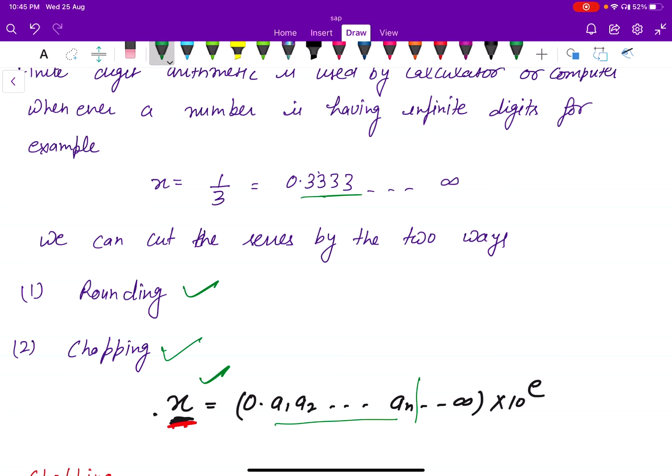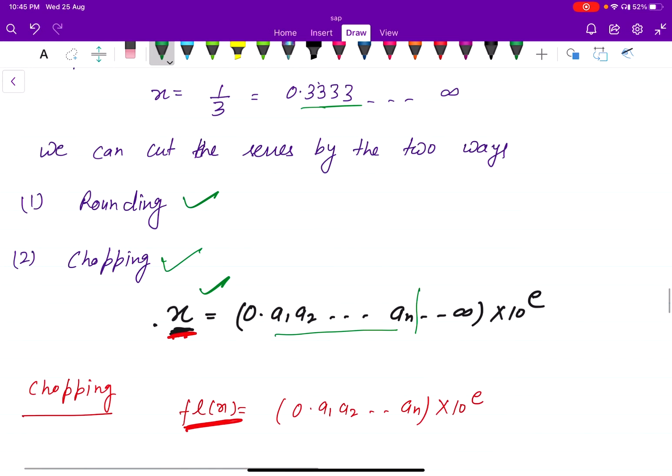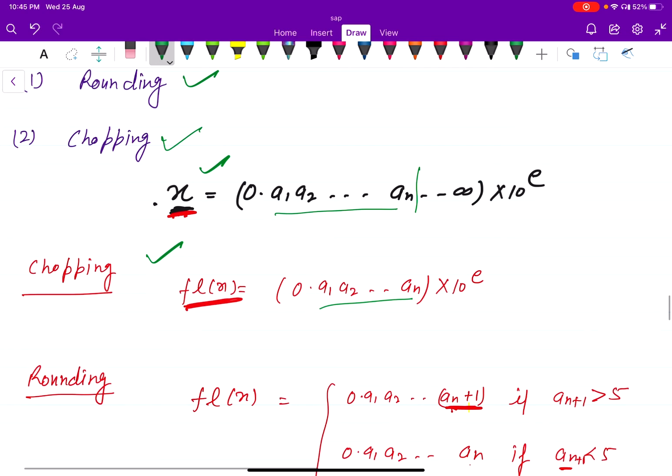So we will cut our series by using rounding or chopping. Let us discuss chopping first. Chopping means we cut the series after n digits and do not take any effect of the other terms on this number. Then it is called chopping. So floating point of x is what? Take the first n digits in our calculation. What is rounding? In rounding, you have to keep in mind the (n+1)th term. Suppose we want to cut our series after n terms.